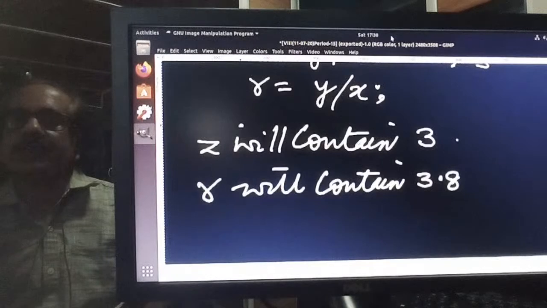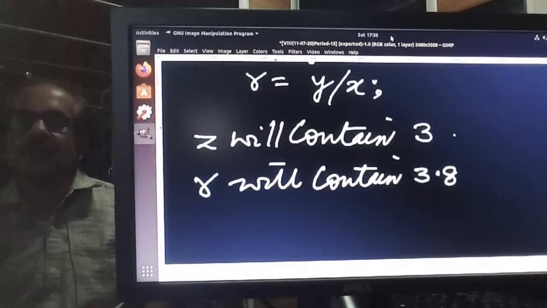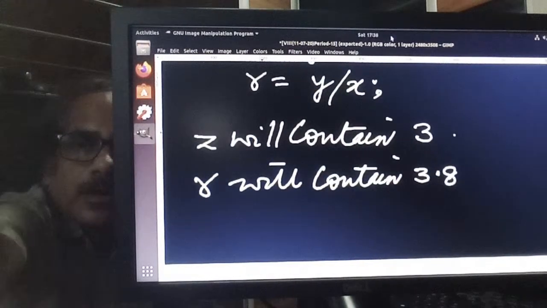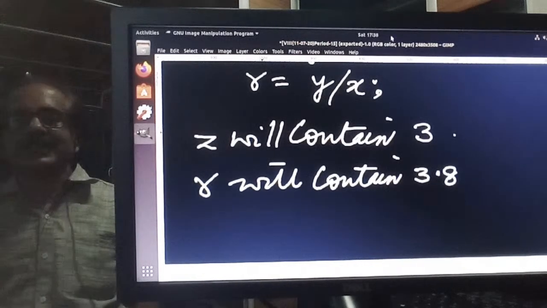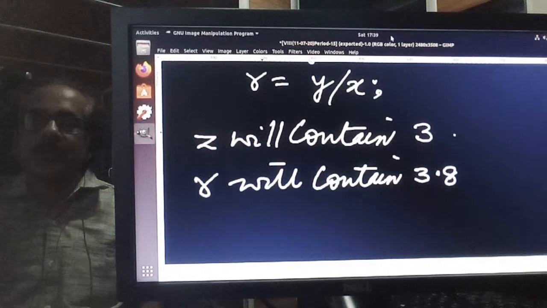Whether it is addition or subtraction or multiplication or division, exactly two operands are used with them, and that is why they are called binary operators.